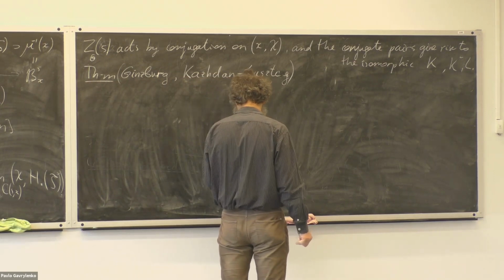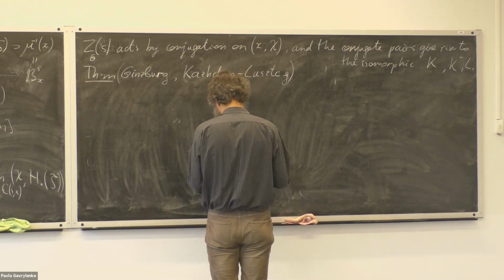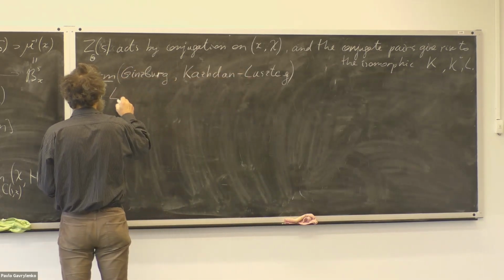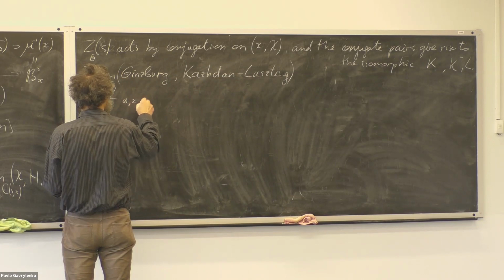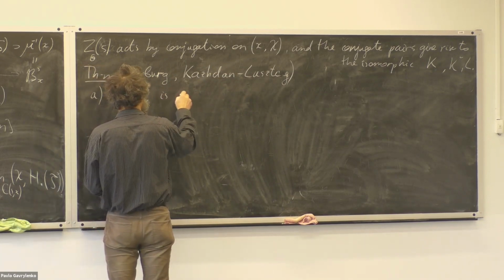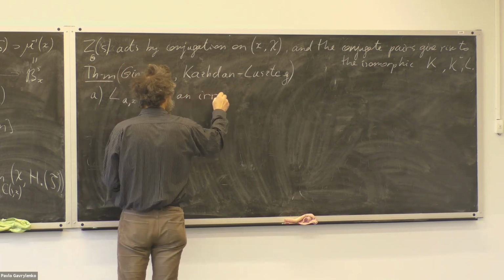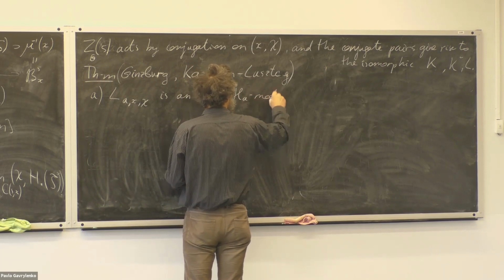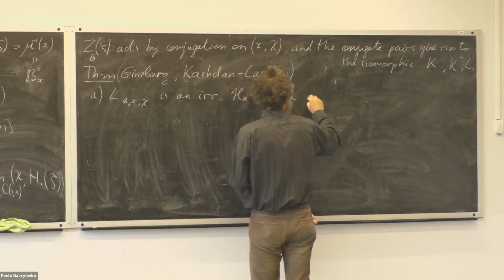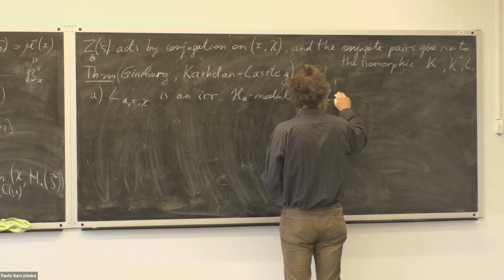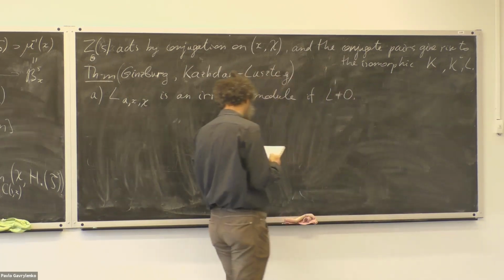Okay, so the theorem says that the module L A X chi is irreducible. Under the condition that it is non-zero. Sometimes it can be zero.